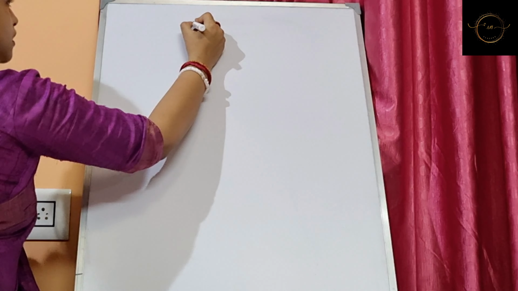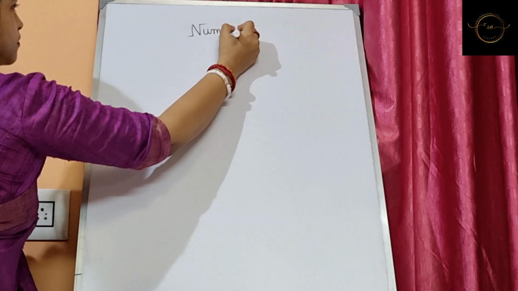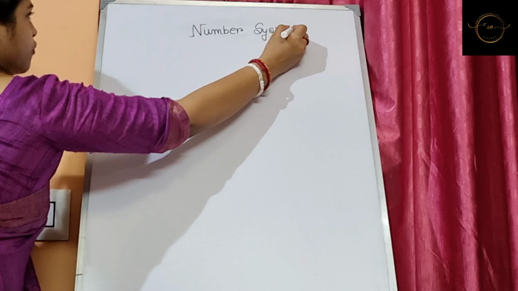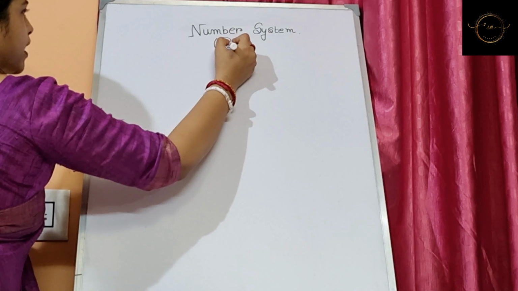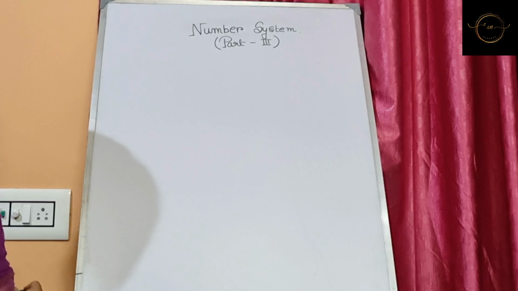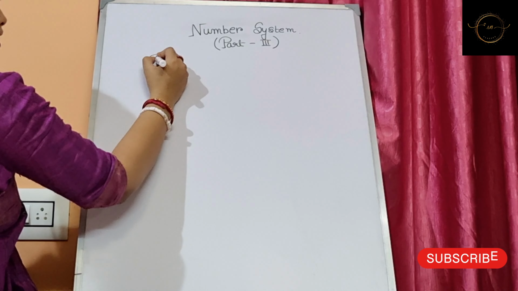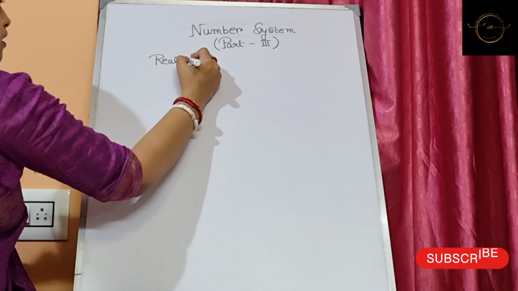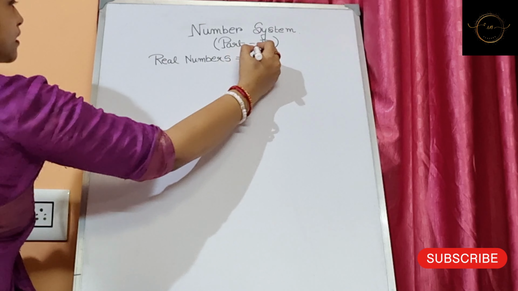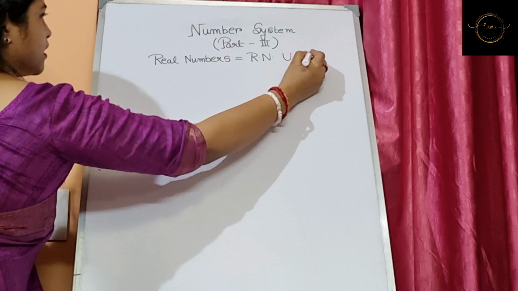Here we start with the third video, the third part of the number system. If you can recall, in my last video we ended with the fact that real numbers are equal to rational numbers union irrational numbers.